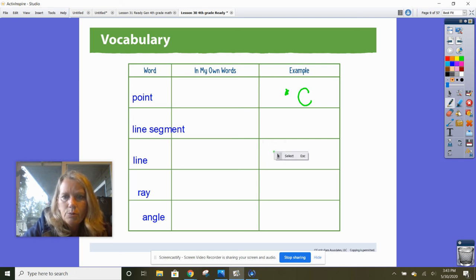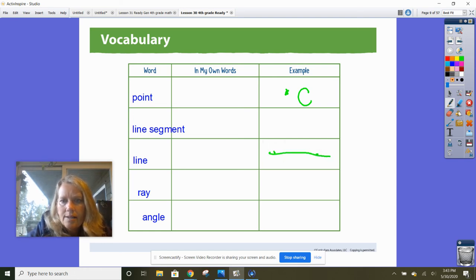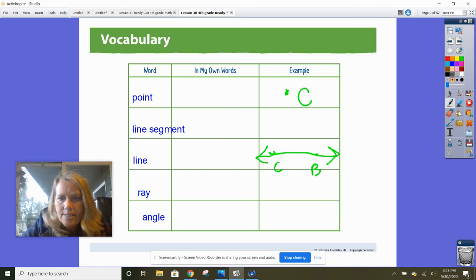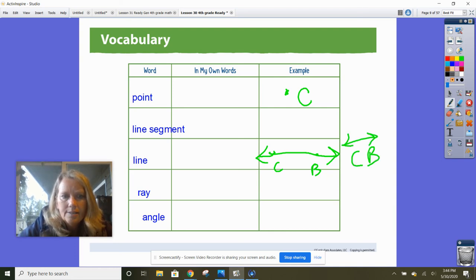Lines are going to have 2 points, but remember, it's the actual points that are being labeled. The points get labeled, but it creates line CB because the line extends through points C and B. So this one is CB. And then the angle, remember angles can be named 3 ways.